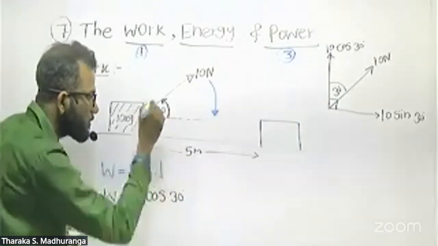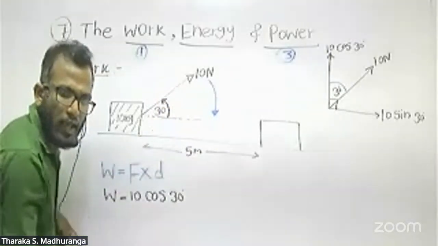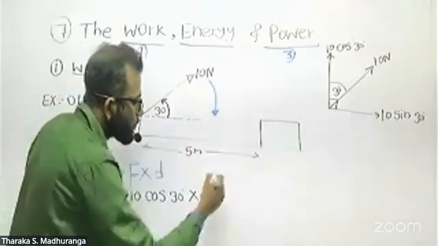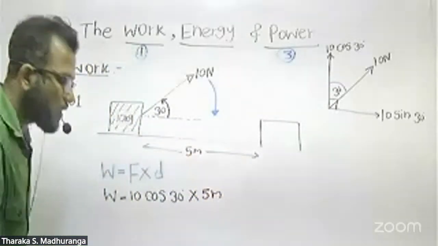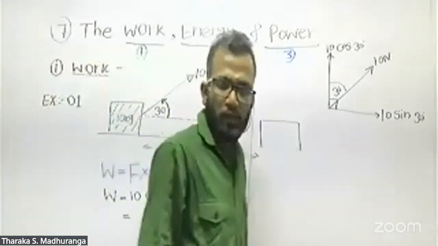Therefore it is 10 cos 30, cos because of the angle direction, multiplied by the displacement of 5 meters, which is the standard unit. Now find 10 cos 30.